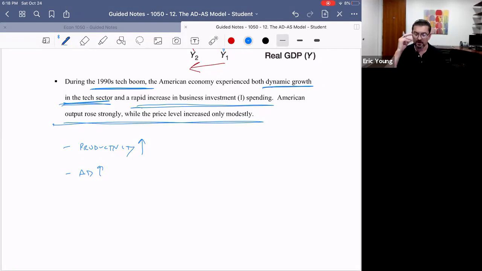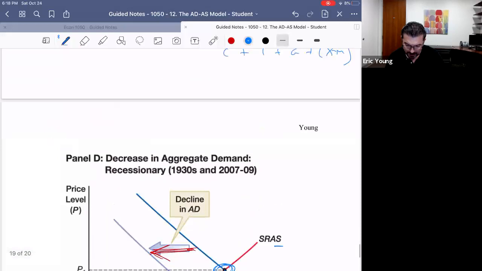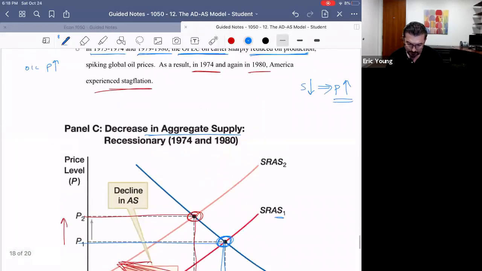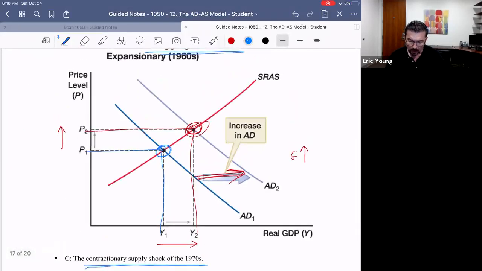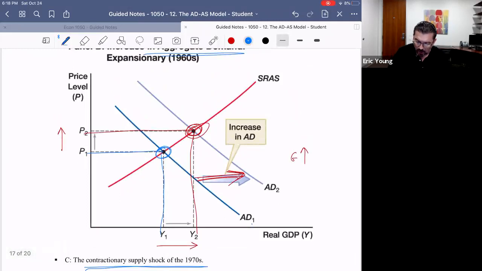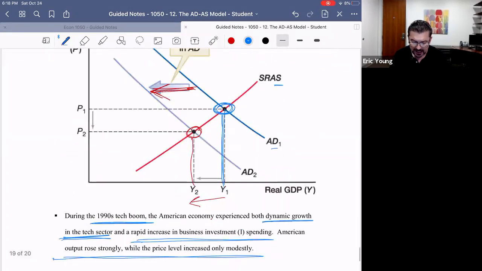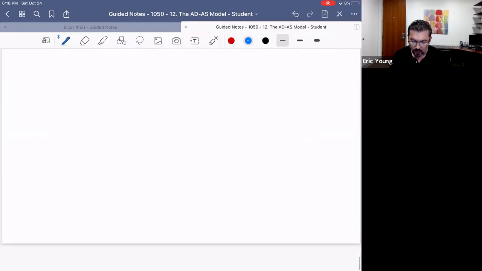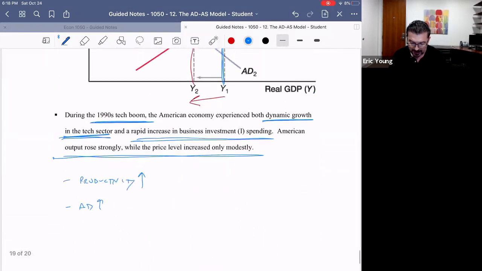Now, this is kind of weird because you would think, going back to one of our other ones, when we saw AD go up, we saw a big increase in prices. So people have asked the question, how did the 1990s have such rapid growth in investment spending without massive inflation?